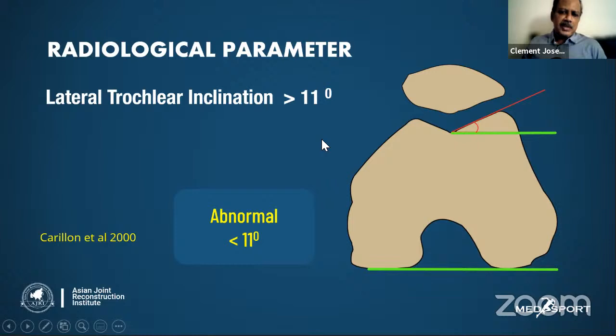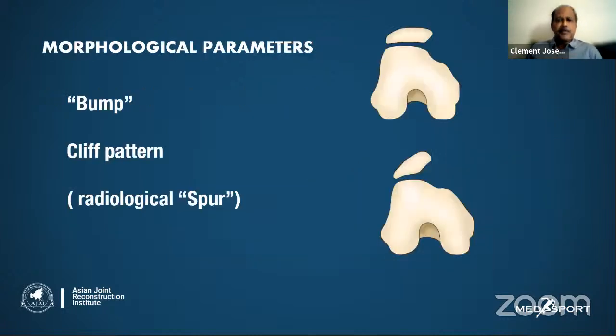Once again, if it is less than 11 degrees, it is considered to be abnormal. And morphologically, if you're looking at MRI or CT and you see this bump or a cliff pattern, these two patterns indicate that the patient has a severe, significant trochlear dysplasia, and that needs to be addressed.